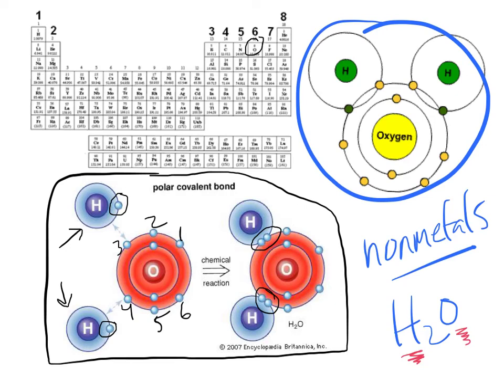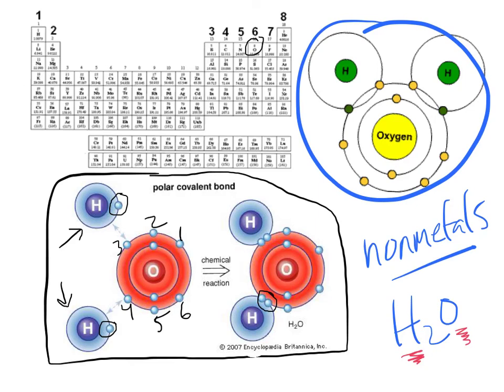So what that means is the electrons will spend part of their time orbiting hydrogen and part of their time orbiting oxygen too. So what we have is kind of like a relationship where they're working together. These 2 electrons, one of them is hydrogen's and one of them is oxygen's, they're sharing them.